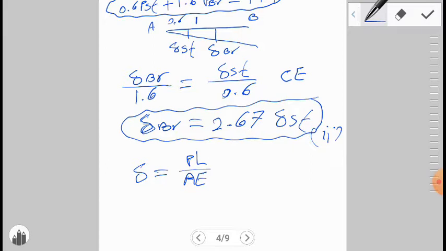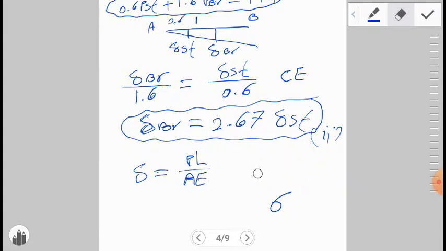Please pay attention here. Sometimes we show the deformation of a linear elastic material under axial load as delta or delta L. It really doesn't matter, it's the same. Here is delta for the deformation, and this symbol is sigma for stress. Please pay attention to these symbols.